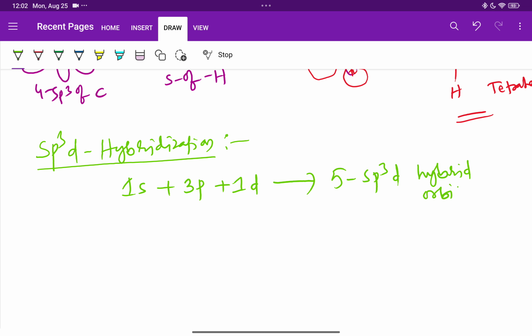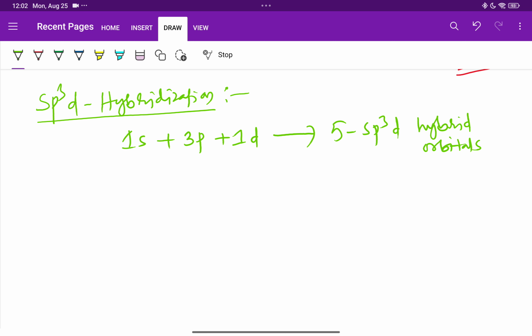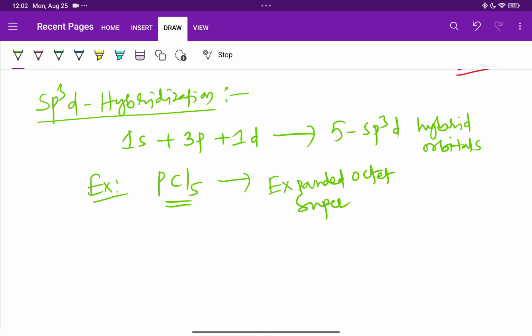This phenomenon is called sp3d hybridization. The fine example for this is PCl5, phosphorus pentachloride. It is a good example of an expanded octet, or you can call it a super octet molecule.